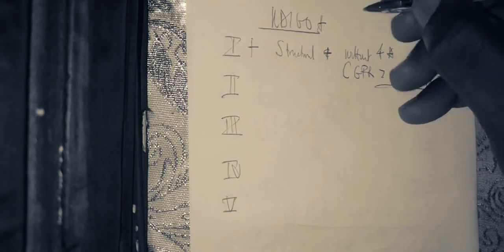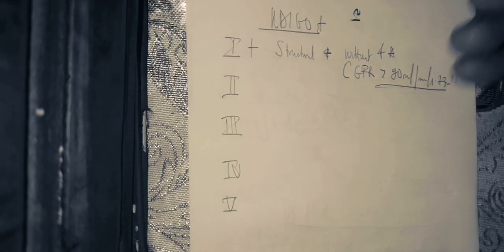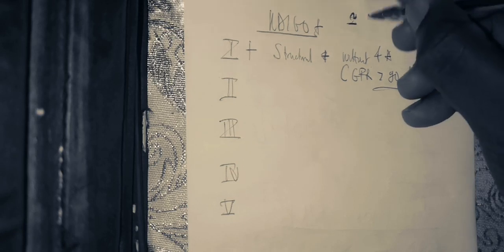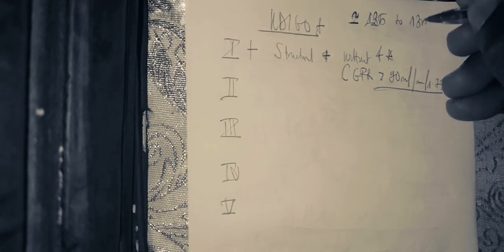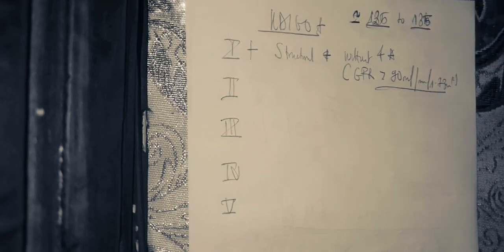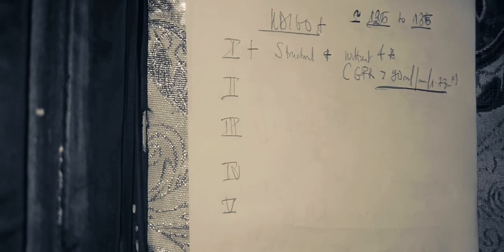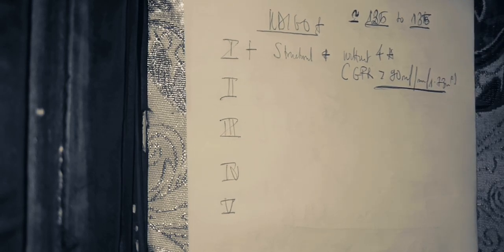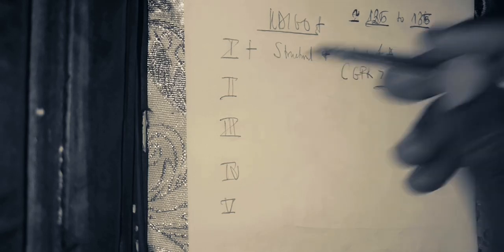I've told you that the approximate glomerular filtration rate of the general population is 125 to 135, but to say you have a low glomerular filtration rate, it starts from 90 mL per minute per 1.73 meters squared. So when you have structural without functional abnormality, it is stage 1.